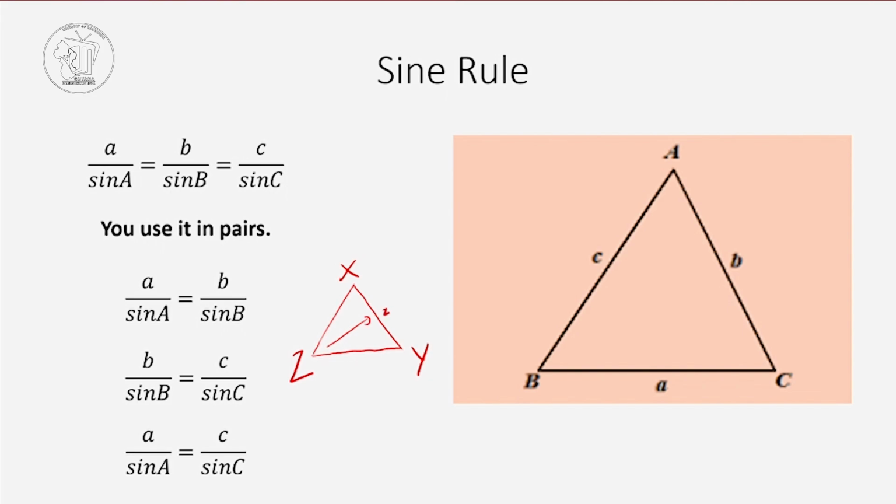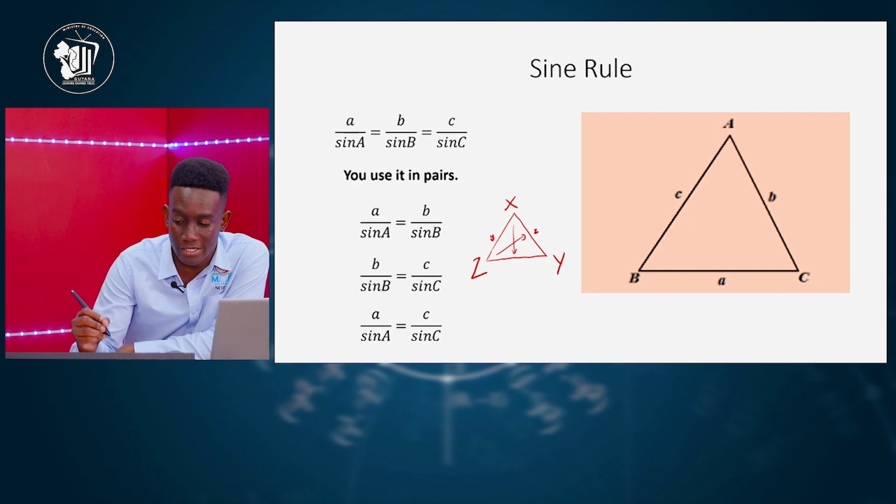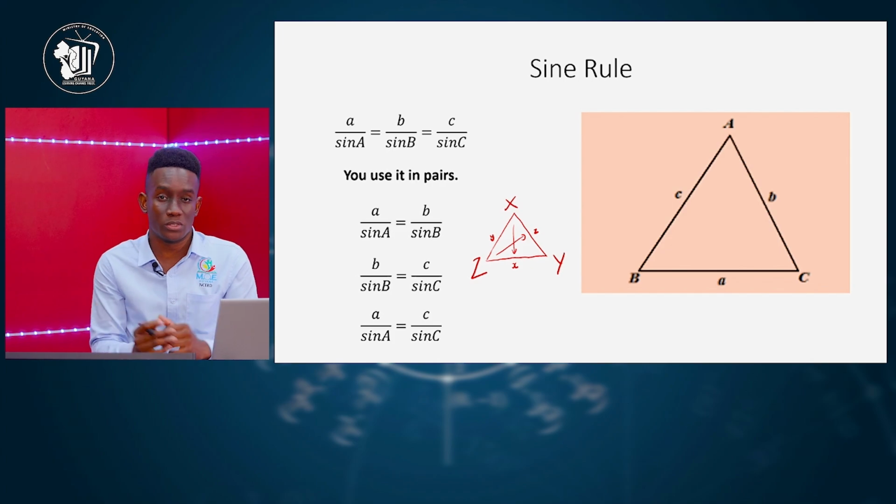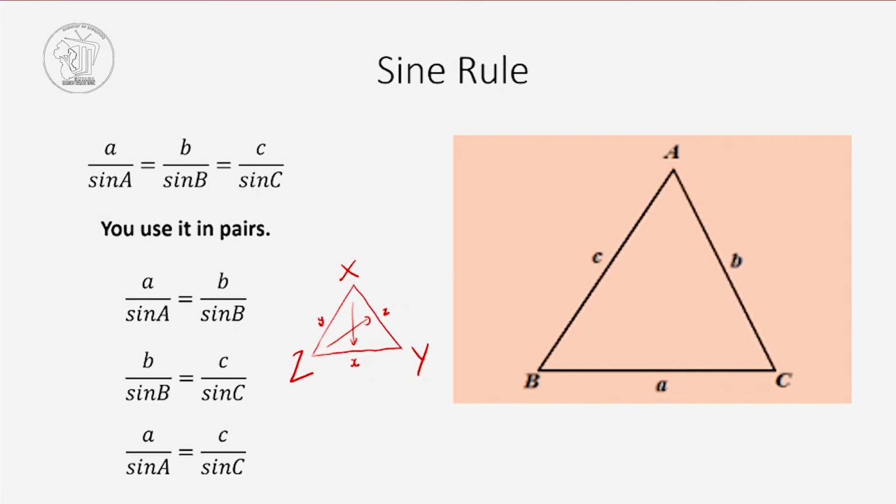The side opposite Y would be small y. And the side opposite X would be small x. And that is how you label when we want to use a trig rule or any other related topics. The side is given the small letter of the angle opposite it.